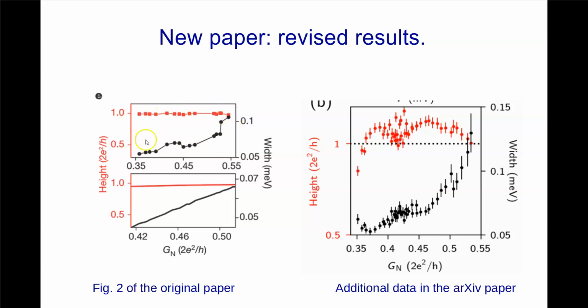The height stays around 2e squared over h, while you have an increase in the above gap conductance. Now, the additional data in the arXiv paper tells a much different story. You do have an increase in the above gap conductance, but you have a fluctuation, sometimes an increase, sometimes a decrease, in the height, so that you cannot say it stays at 1. That's for sure.